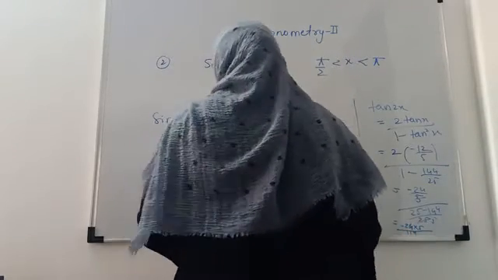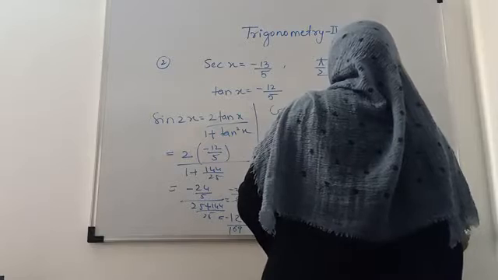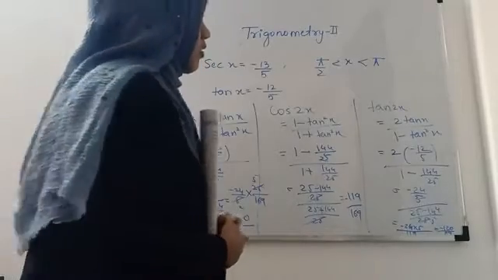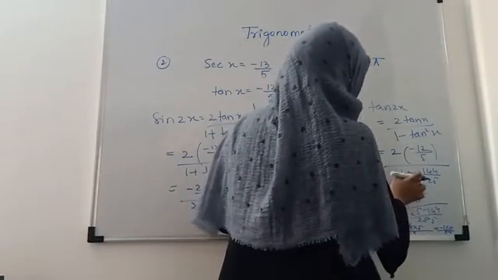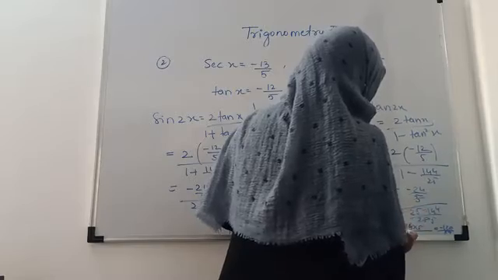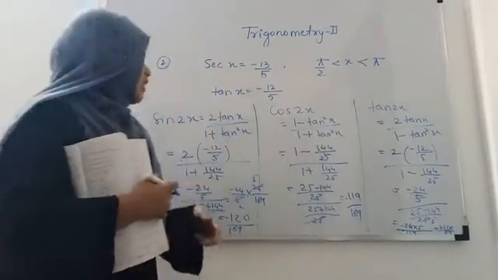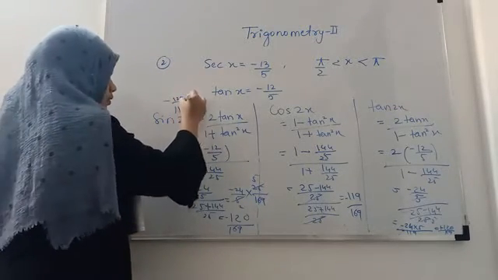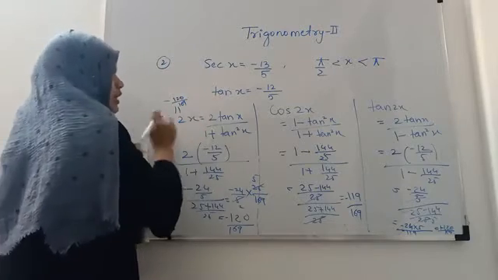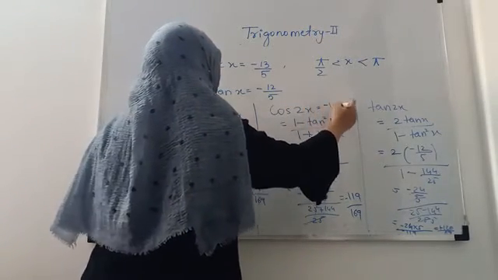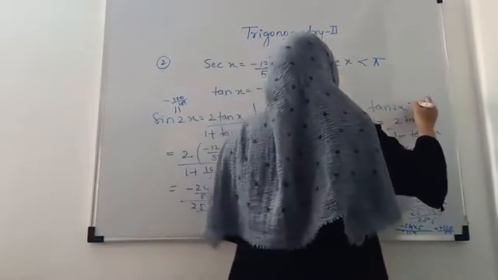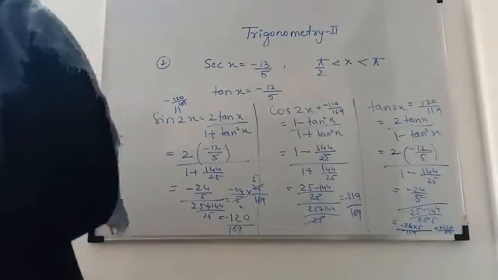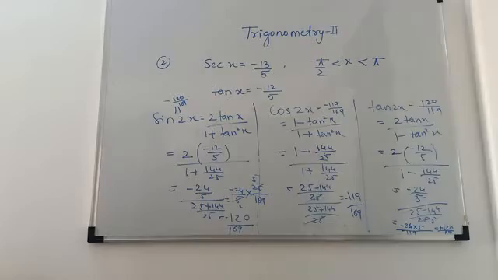So here also it is minus 120 upon minus 119. It should be plus because here also there is a minus sign and here also a minus sign, right? So it should be plus. So the answer for sin 2x is minus 120 upon 169. Here the answer is minus 119 upon 169, and here it is 120 upon 119. Okay, so these are the answers for the required question.